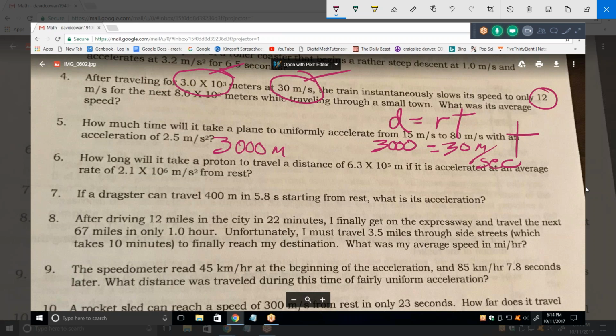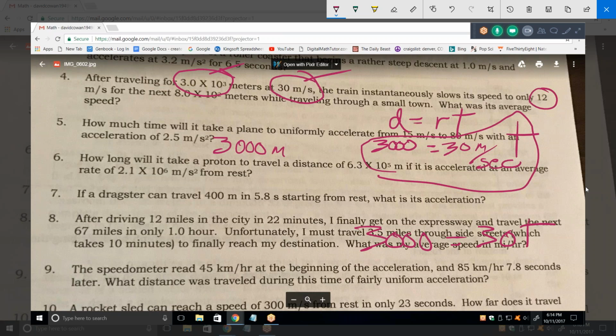We don't know that, do we? Yeah, we can solve it. Here's the equation. What's time going to be? If I say 3,000 equals 30t, how do you solve for t?